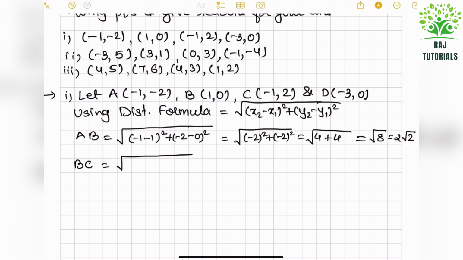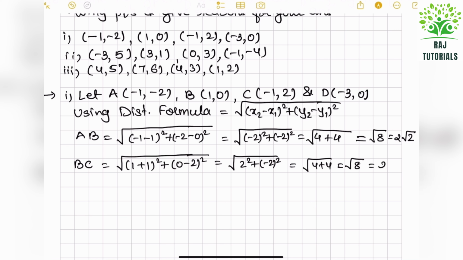Now let me find BC. So BC is (1 minus of minus 1), so plus 1 whole square plus (0 minus 2) whole square. So that also will be 2 square plus (-2) whole square.